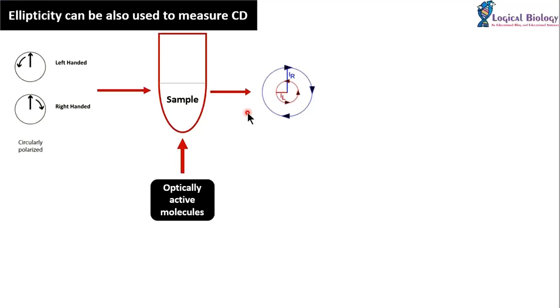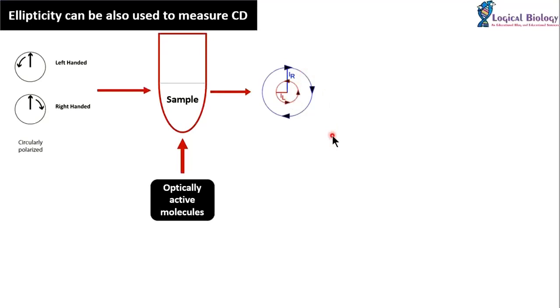Because left-handed light is absorbed more than right-handed. So after absorption we have two different amplitudes, less for left-handed circularly polarized light and more for right-handed circularly polarized light.